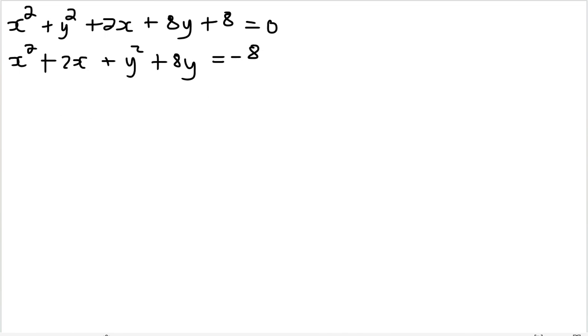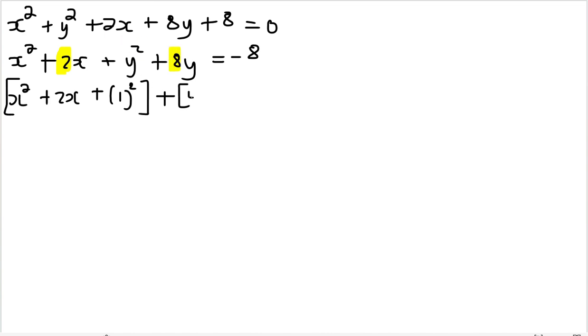Now what we do is we add half of 2 both sides, right? So I'm going to have x squared plus 2x plus half of 2 is 1, and then I square it, right? So we can enclose that, and then we're gonna repeat the same for y. Okay, so I'm gonna have to add half of 8, right, both sides.